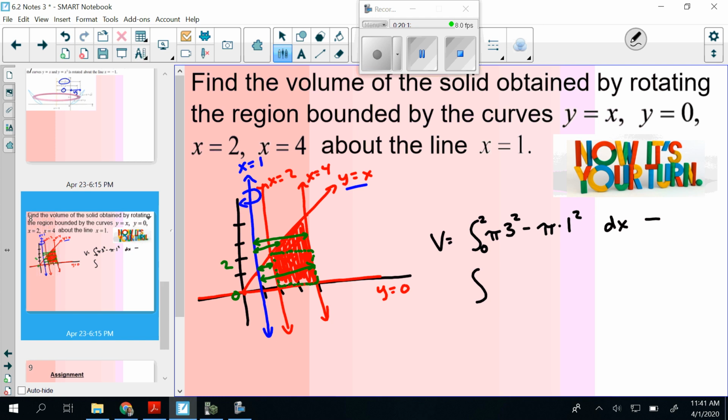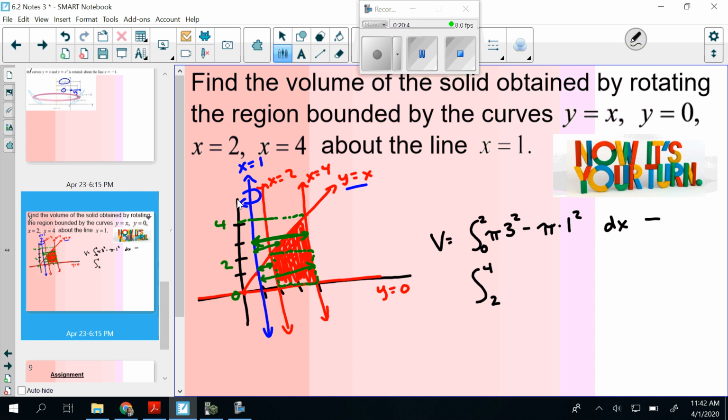Now our new integral would go from 2 to, looks like where it ends up here would be at 4. So this one's going to be from 2 to 4. And now we got to figure out that triangular piece. What's that distance going to be? So the outside radius on this one still looks like a distance of 1, 2, 3 spaces.